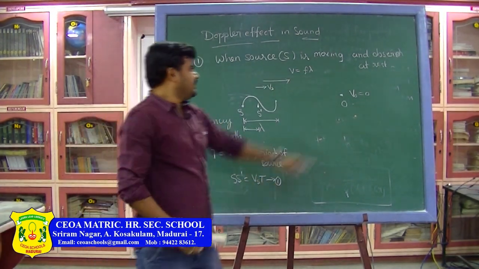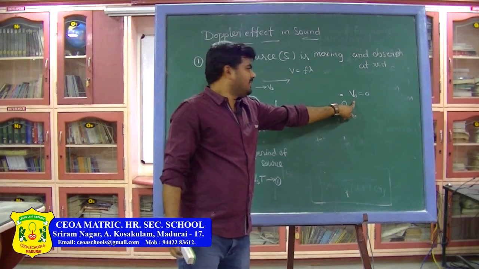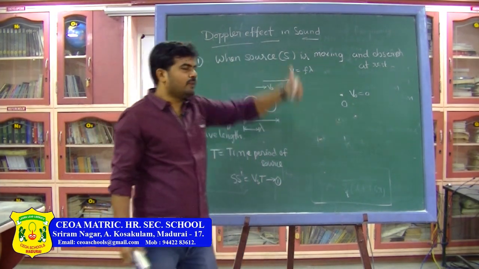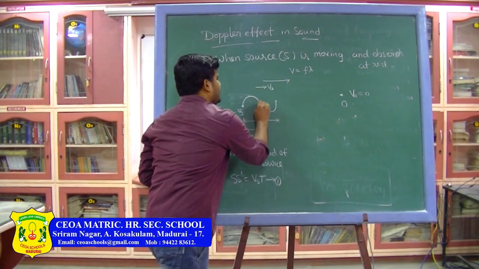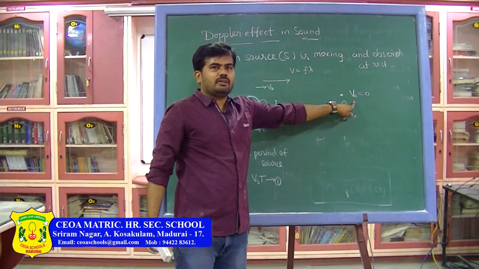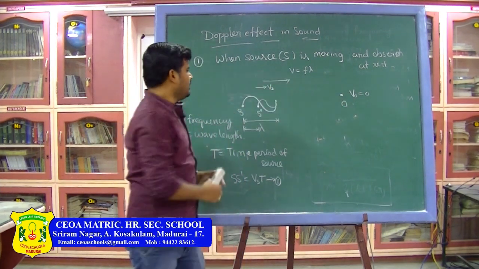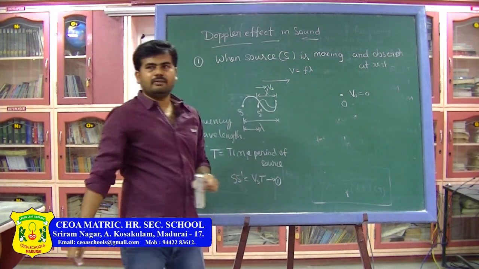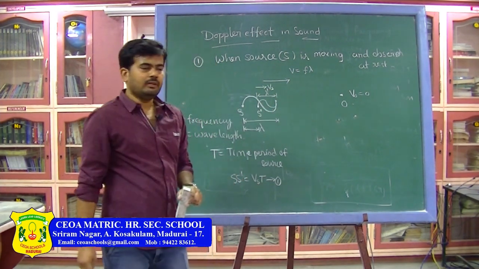Now, as observed by the observer, the source is releasing the waves from its new position S dash. So, he will observe a wave whose wavelength is slightly less now. That means, according to the observation of the observer, the wavelength of the source is, let us say, lambda dash, which is the apparent wavelength, that is the observed wavelength by the observer.